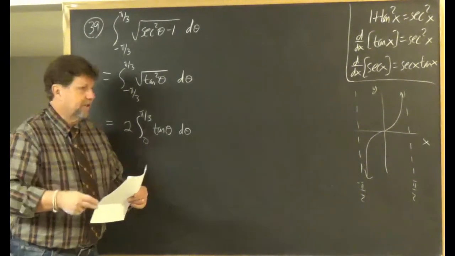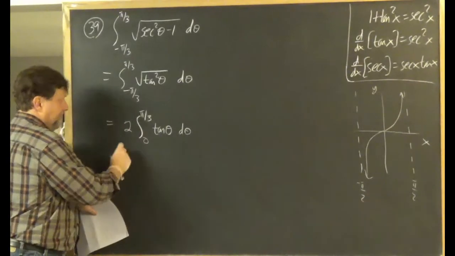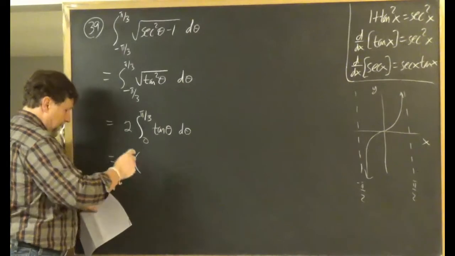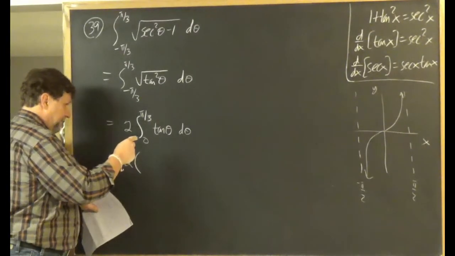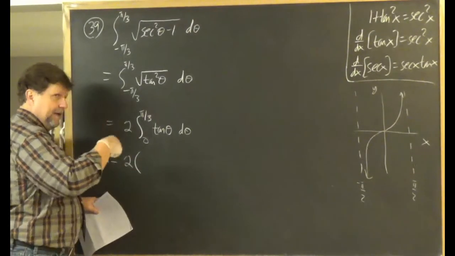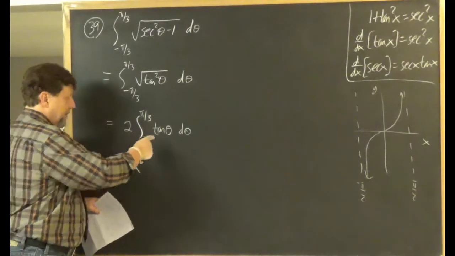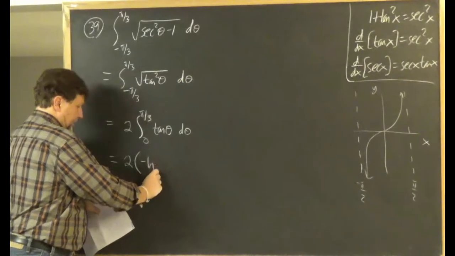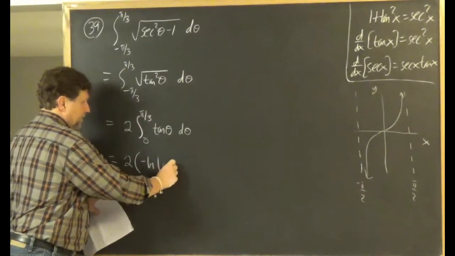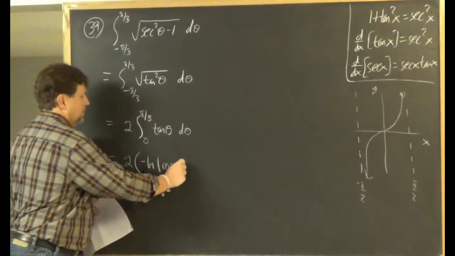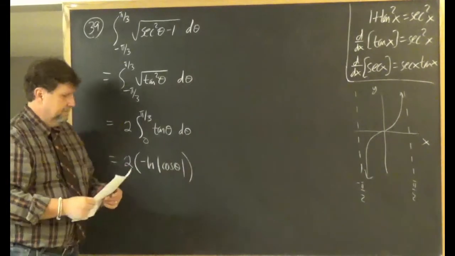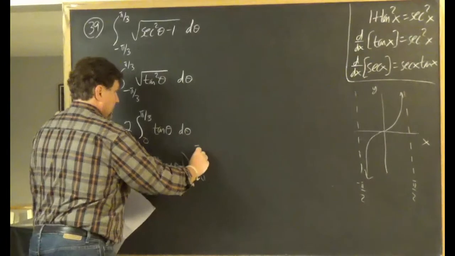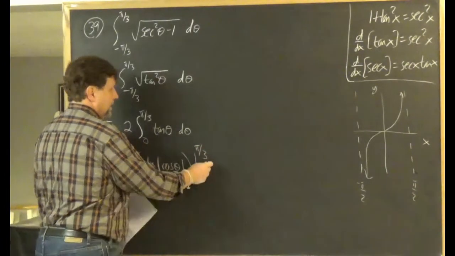Now just to finish this off, it's not too bad. You have 2, the antiderivative of tangent. Remember I told you back in the first section of the chapter that I use the formula negative natural log absolute value. We'll evaluate that from 0 to pi over 3.